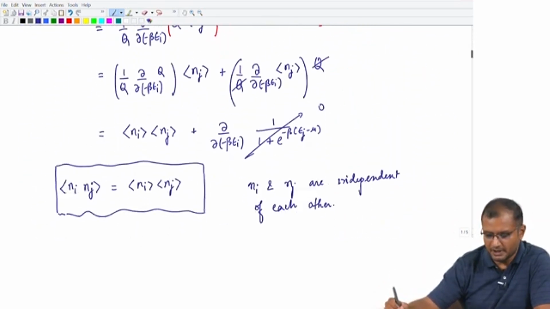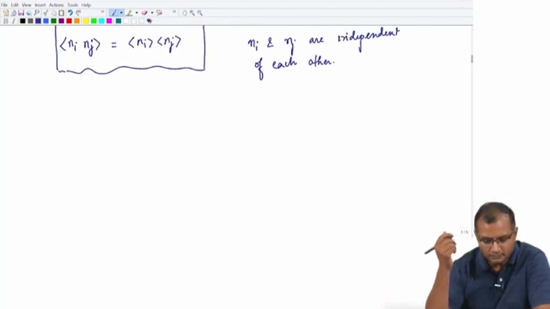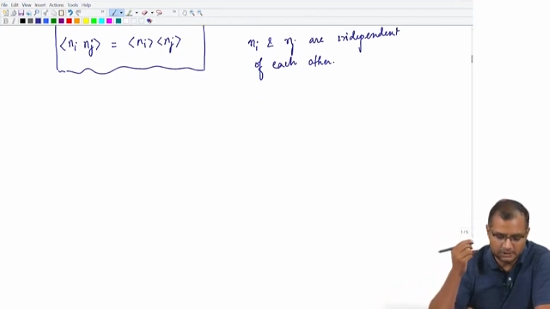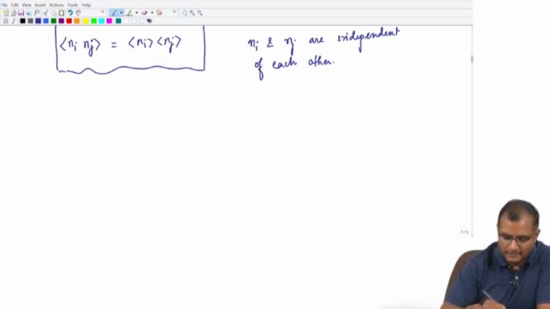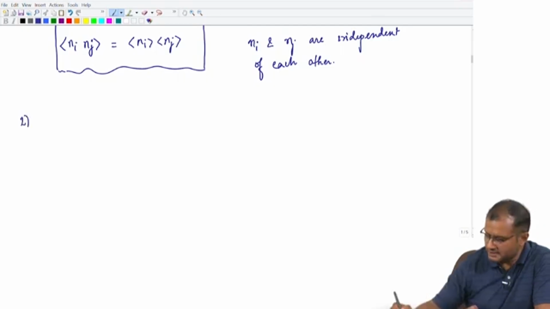So, let us compute the fluctuation of the occupation number. This is again something which is very simple to calculate. So, this was the first task.